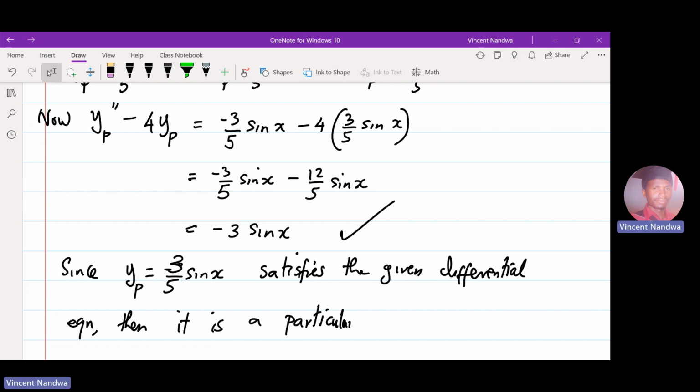Particular solution because it is satisfying the differential equation, and at the same time, the function doesn't have an arbitrary constant.